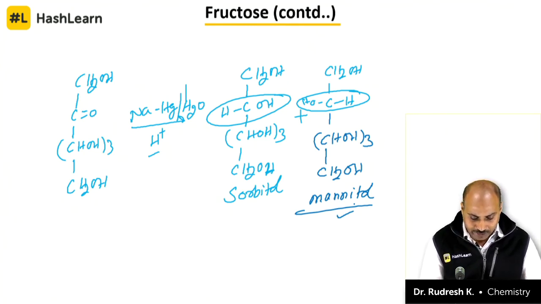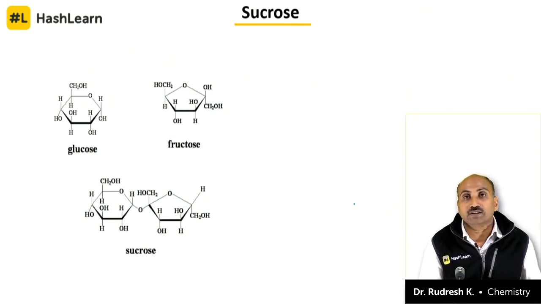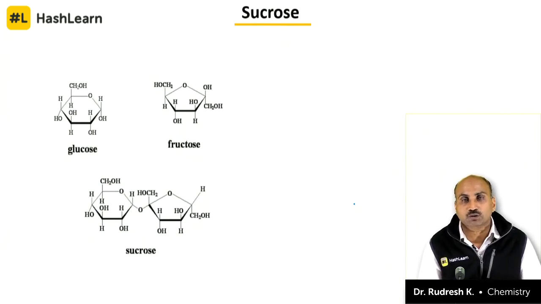So, next we will talk about what we call oligosaccharides. I think you know that oligosaccharides are basically obtained by the combination of two or more monomers, that is, monosaccharides especially. If you look at sucrose, all of you know that sucrose is the basic source obtained from cane sugar.